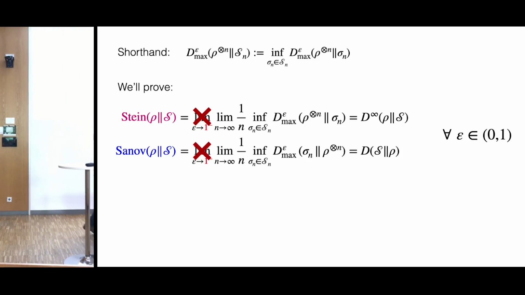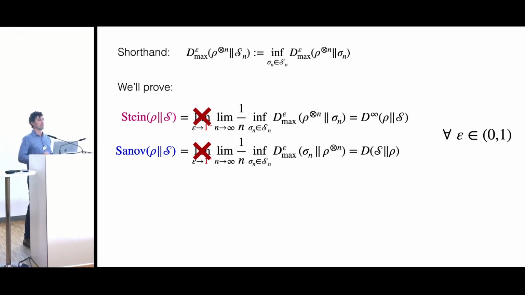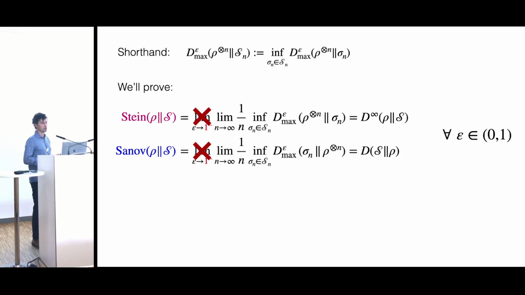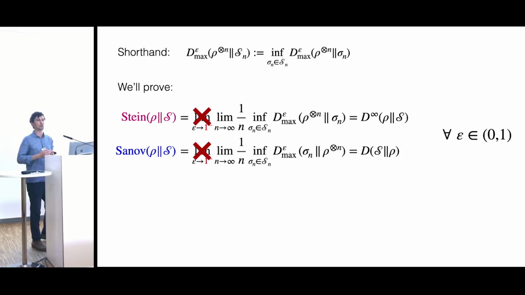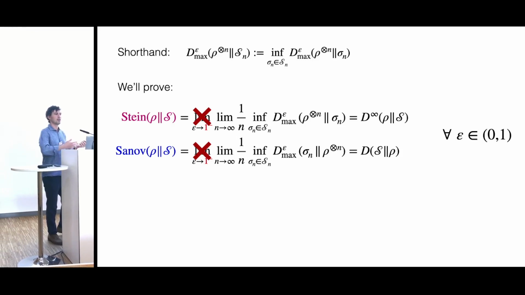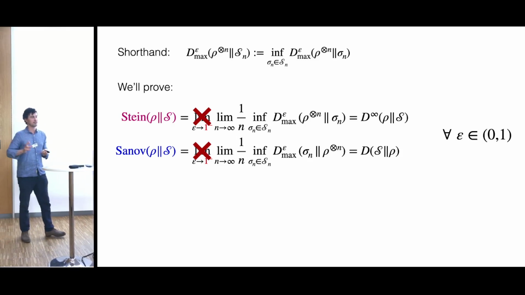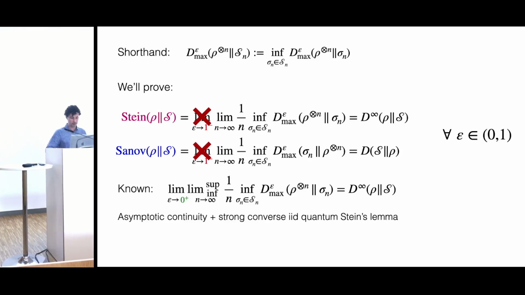Okay, so somehow the limit in epsilon doesn't do anything, which is usually the case. It's kind of difficult to prove, but it's physically expected, because why should the asymptotic behavior be affected by whether you fix epsilon to be 1% or 10%? It doesn't make any sense. So it should not depend on epsilon. And in fact, this is what happens.